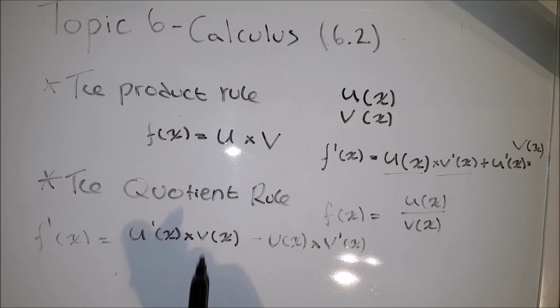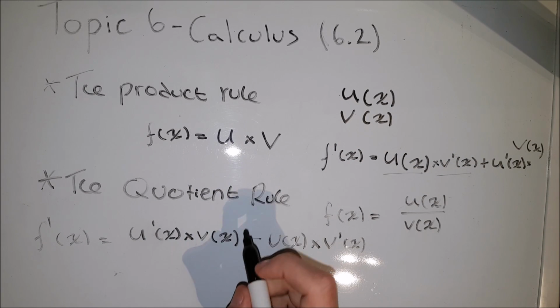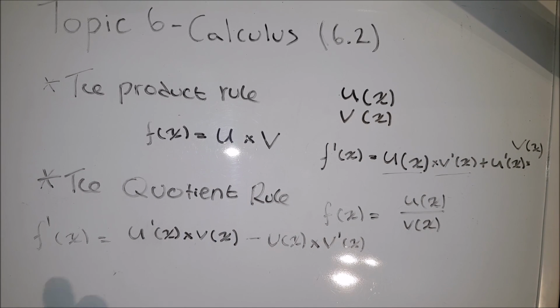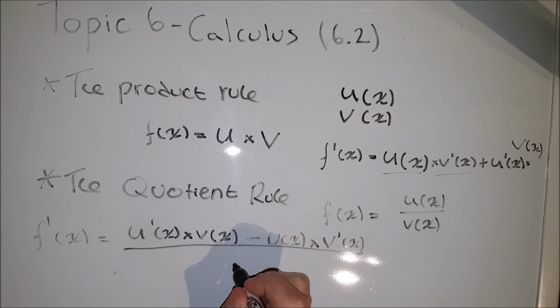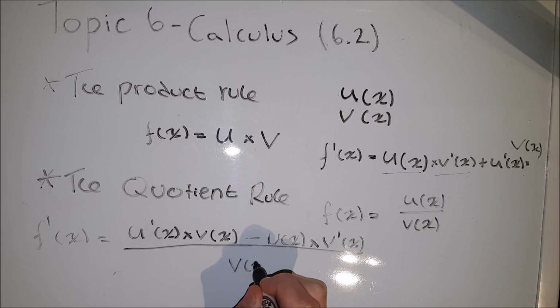So this is similar to the product rule, except that you have a minus here, and then you divide all that by the original denominator, squared.